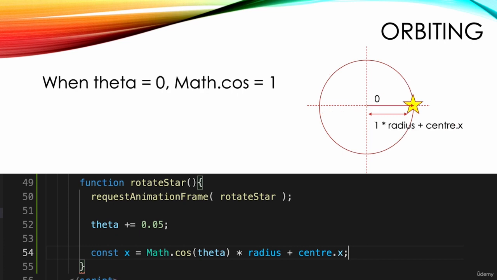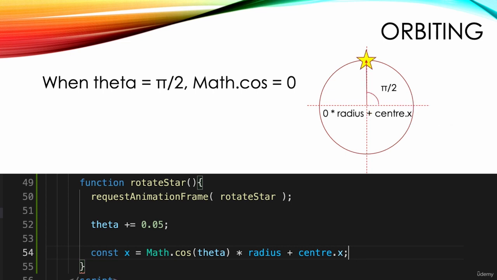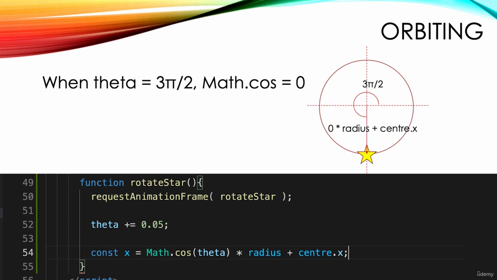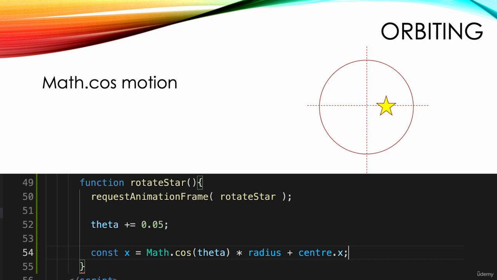When theta equals 0, cos equals 1. Theta equals pi by 2, cos equals 0. Theta equals pi, cos equals -1. And theta equals 3 pi divided by 2, cos equals 0. So the x value slides left until theta equals pi, then slides right until theta equals 2 pi.